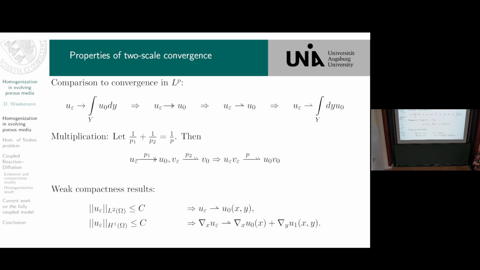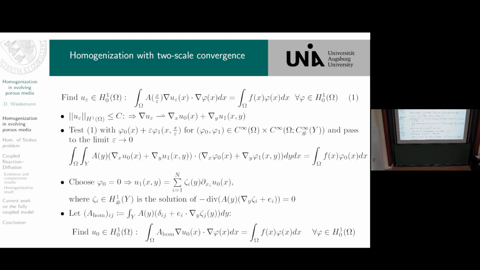Okay, but before we come to the evolving domain setting, we take a short look on how the homogenization is done in general.